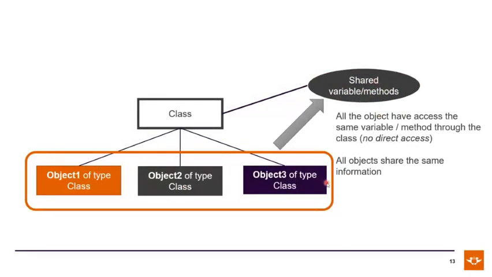So a shared variable is something that all the objects can see, have access to, and are affected by. But it isn't directed to one specific object. It's directed to the class. So if you're an object of type class, there is the shared variable that you all have access to, a common memory allocation. And I'll probably confuse more people with that.